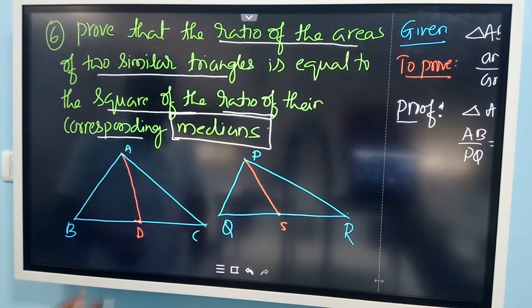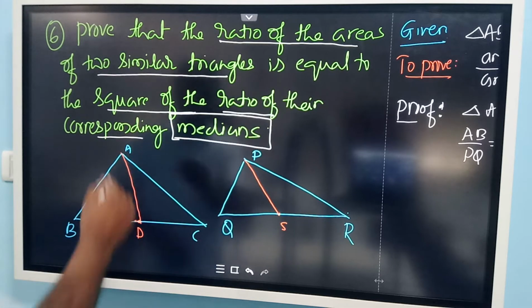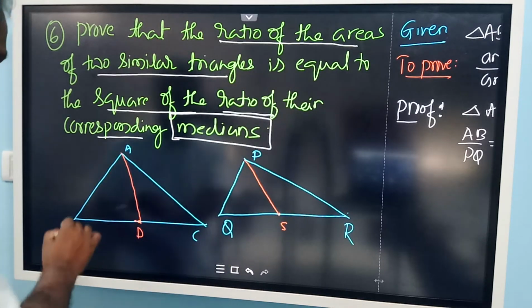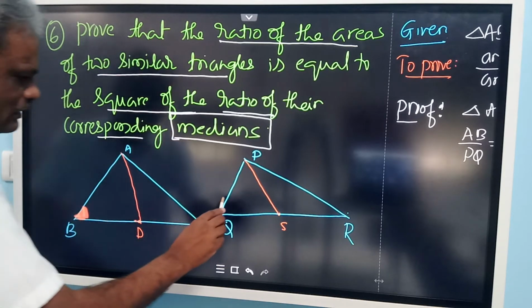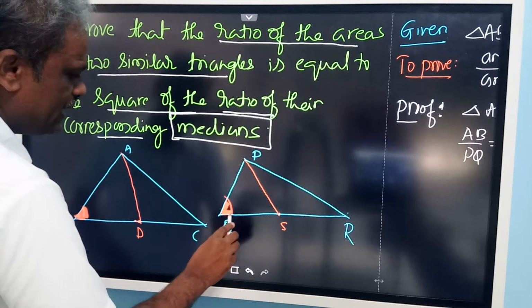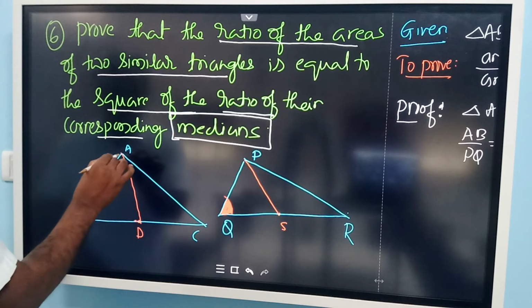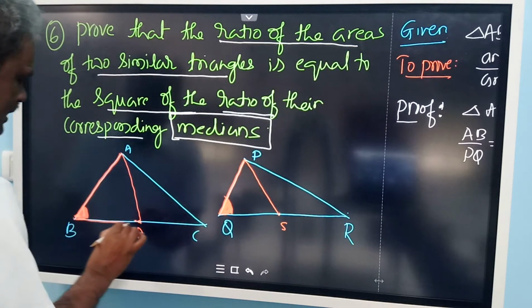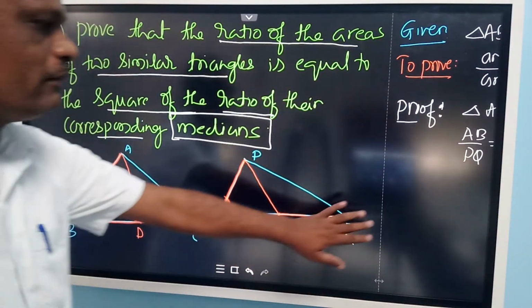And the corresponding angles, all three angles are equal here: angle A is equal to P, B is equal to Q and C is equal to R. But I have taken only angle B is equal to angle Q. So these two sides only and one angle.